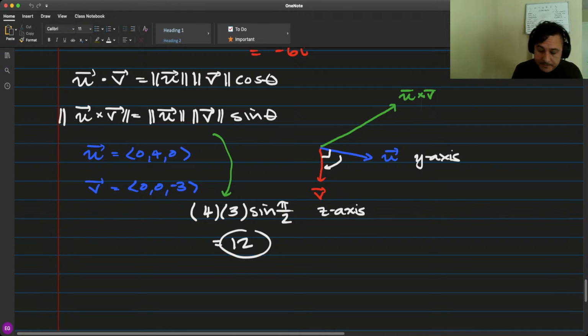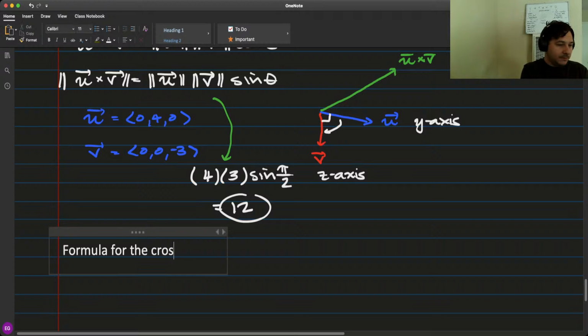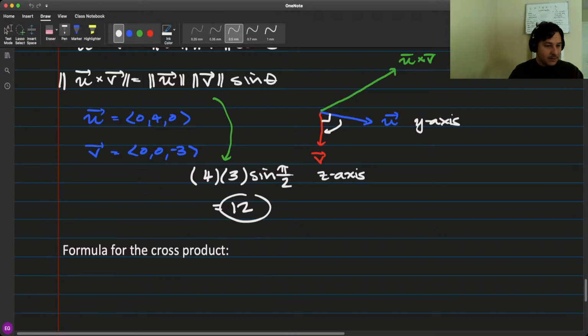Okay, so I've given you this formula for the cross product, and it looked like this.